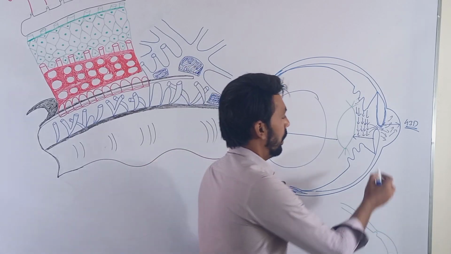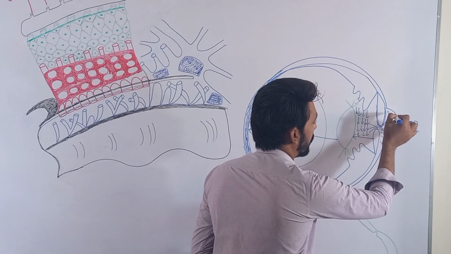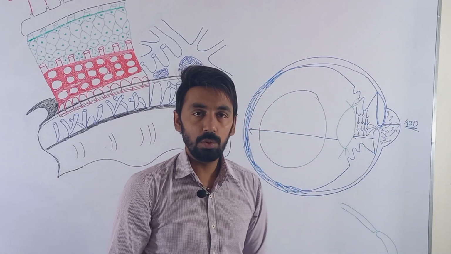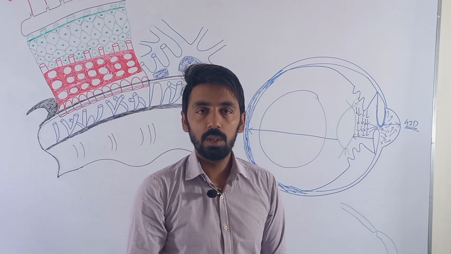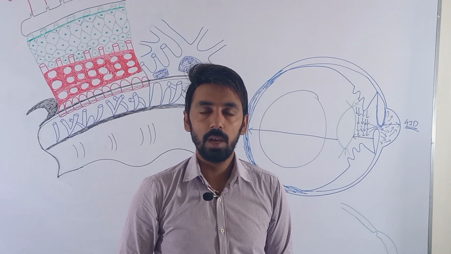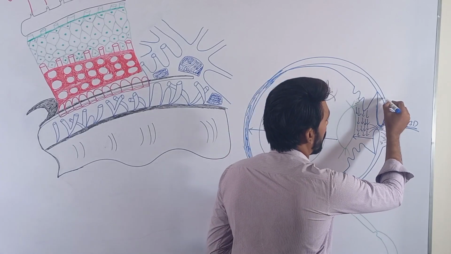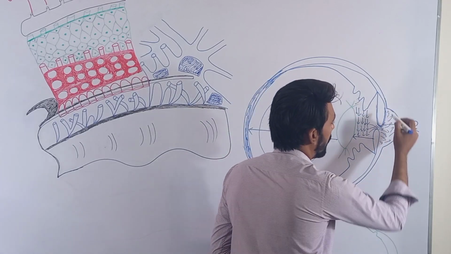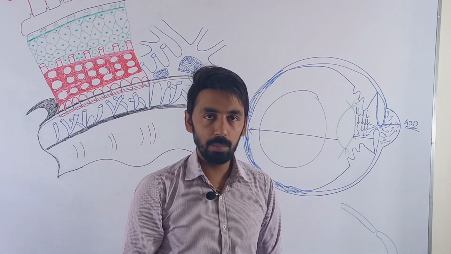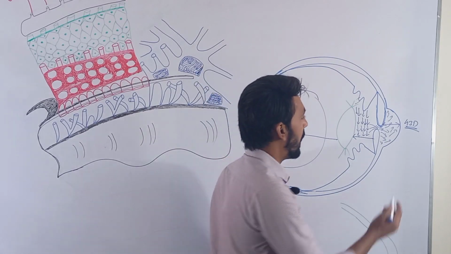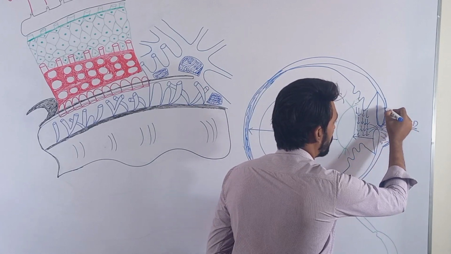So the aqueous humor has reached the anterior chamber, and this is actually called the circulation of the aqueous humor. And now we will move to the drainage of the aqueous humor. Here are some important landmarks and terminologies which we discussed in our last video as well.